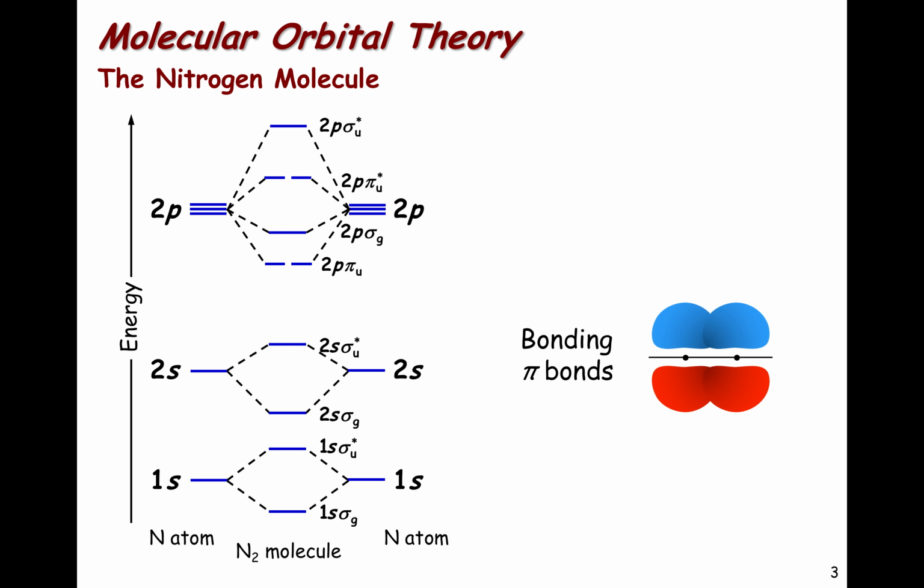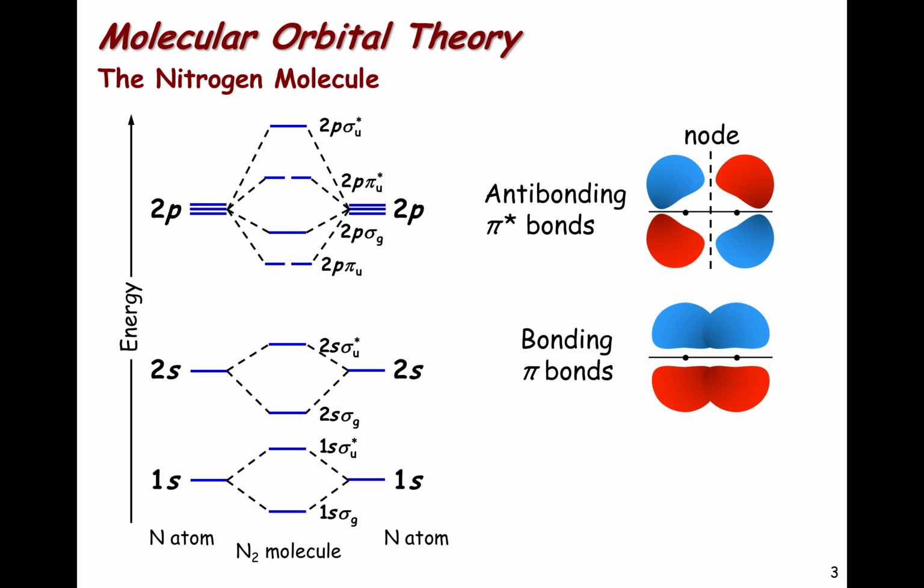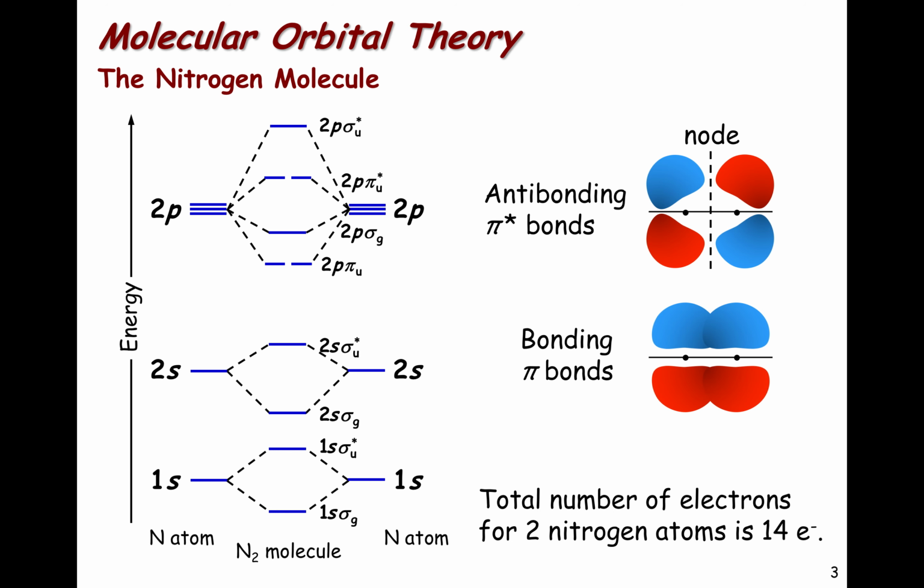So the pi orbitals are the sideways overlapping, as you see here, and then we also have the anti-bonding combination of that. In this particular case, we have 2 nitrogen atoms, each having 7 electrons, for a total of 14 in a dinitrogen molecule.